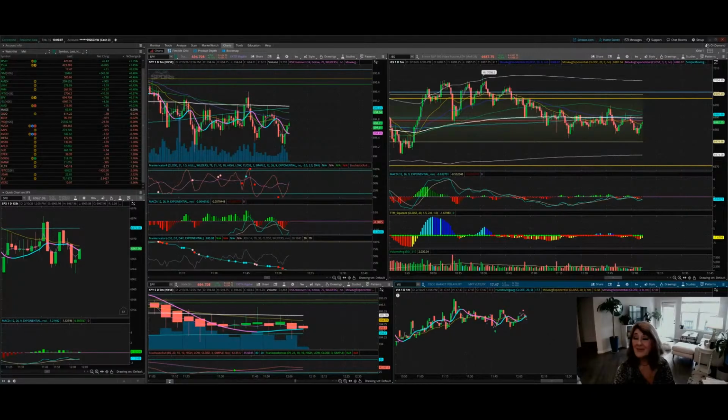So how's that for conviction there? Not a lot, but right now it's ranging. That's what we know. Until we really break this range, we just don't know. So trade safe. Don't trade inside the range. It's not big enough. And wait for a break of the range to the top or to the bottom.